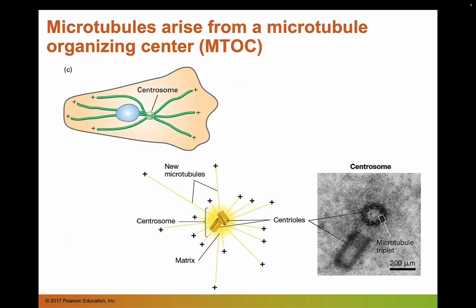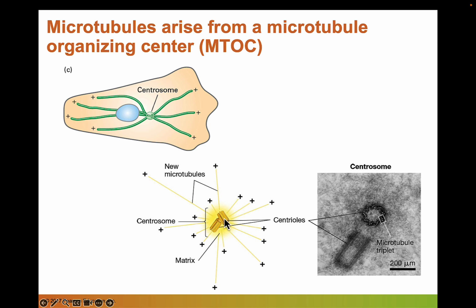Okay. As I mentioned, microtubules, at least, will arise from a microtubule organizing center. And at least in animal and fungal cells, we just have one of these. So here's a picture of what a microtubule organizing center looks like. It is made up of a centrosome, which contains a pair of centrioles.